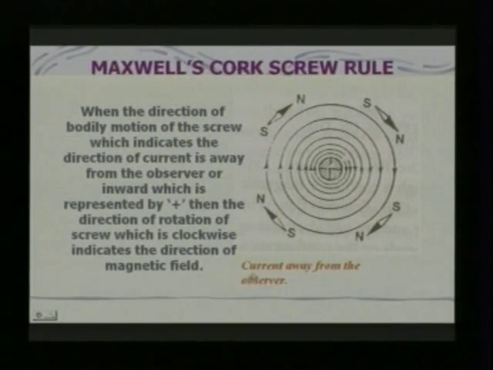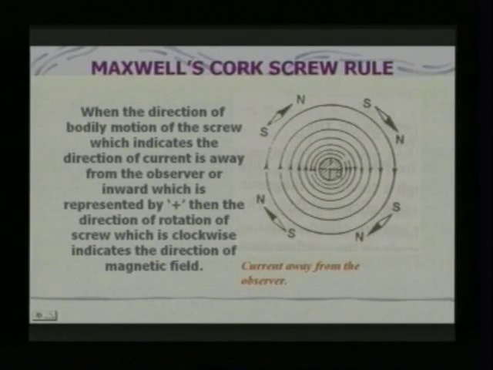That is, if current is away from the observer, indicated by a cross, then the corkscrew moves away from us or inwards, and the direction of magnetic field is clockwise.